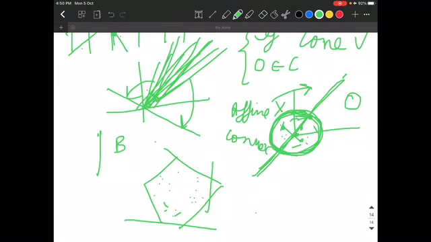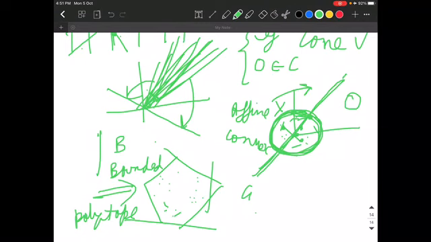So let's consider this bounded set, the polytope. A polytope is convex.